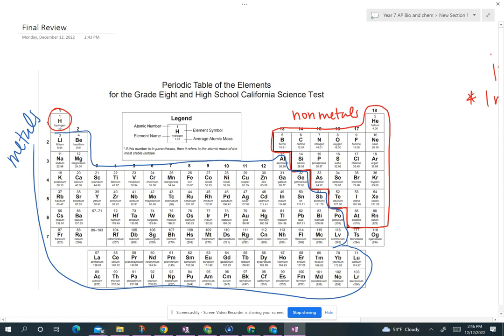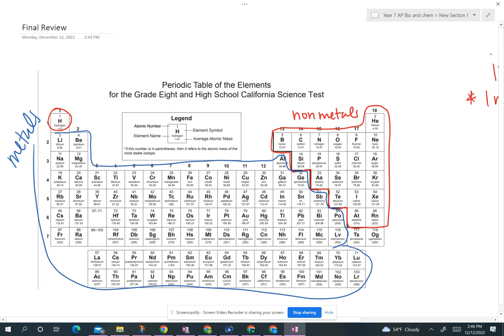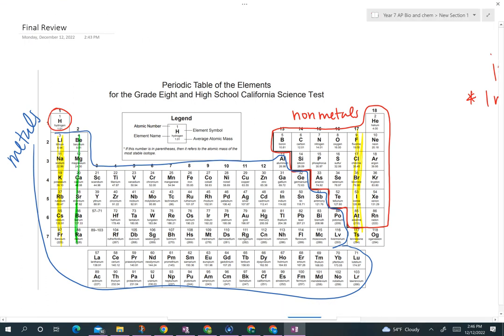So when they ask you to distinguish whether something is an ionic bond or a covalent bond, you need to find the location of your metals and your non-metals. Very commonly, you are going to see ionic bonds between these guys right here and these ones right here. Those are one very common pair of an ionic bond. Another common pair that you will see is these guys here with these ones here.